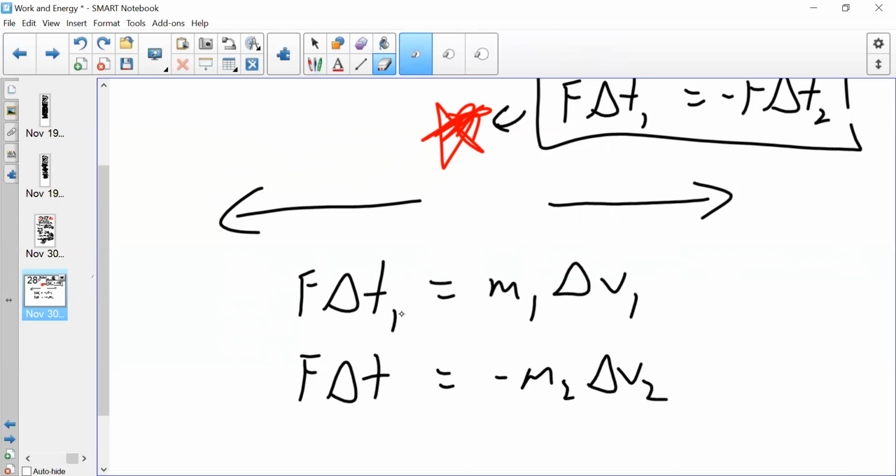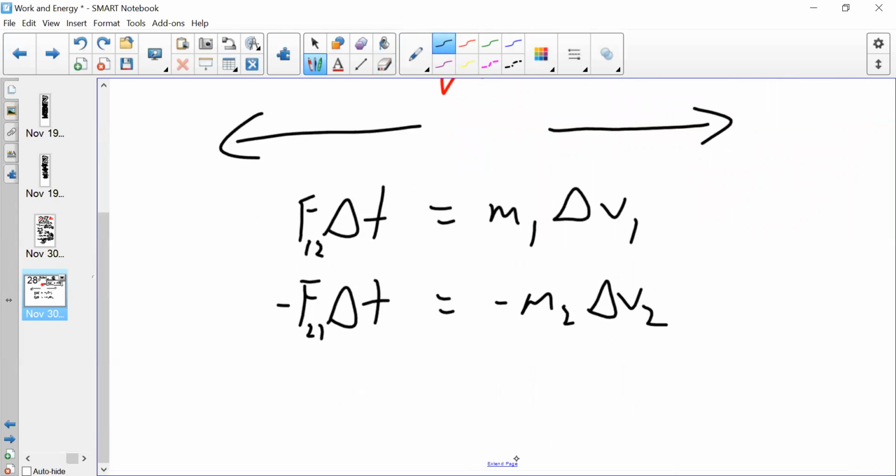Specifically, this should just be delta T, because the time of collision is going to be the same. So this is 1 on 2, 2 on 1, and that's a little bit more exact, a little bit more specific there.